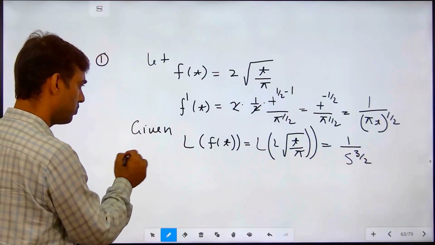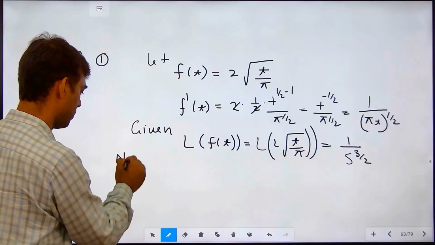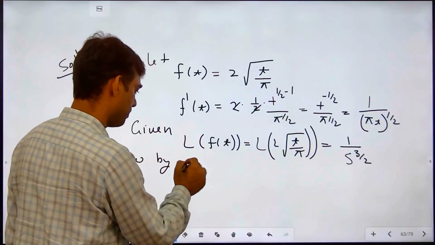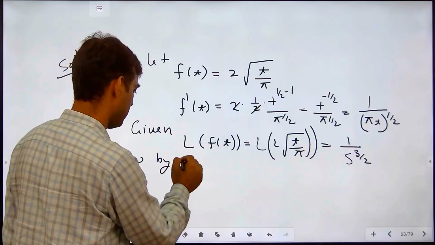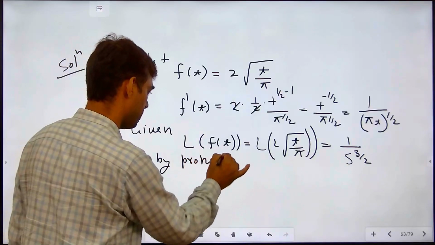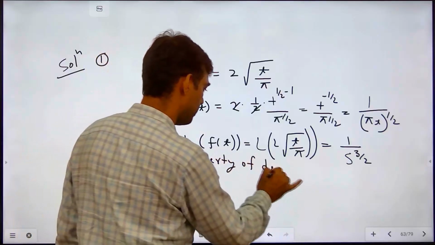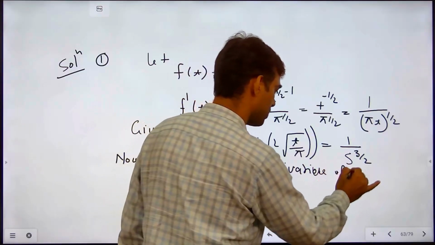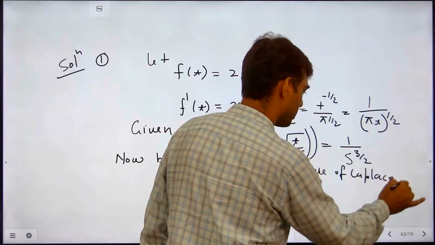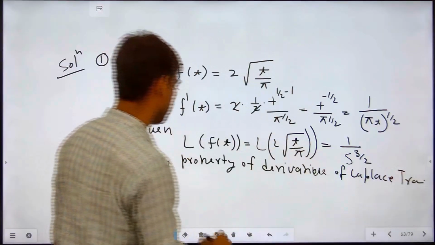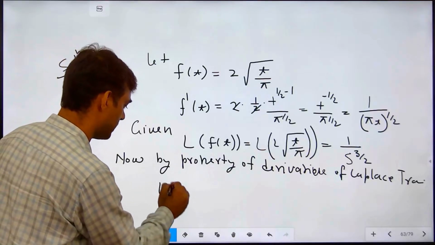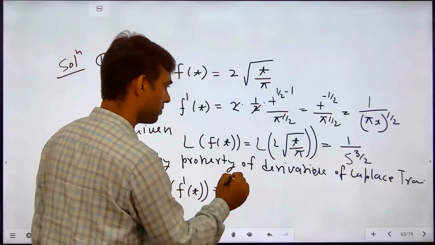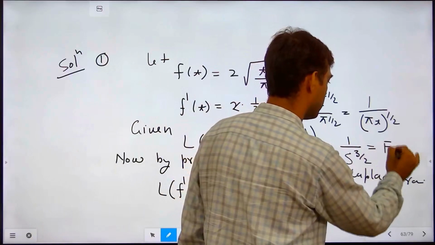Now, we know that by the property of the derivative of a Laplace transform for f dash t, and here we assume that the Laplace transform of f(t) equals what?